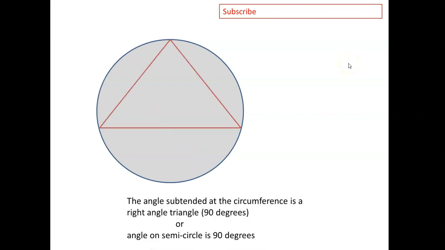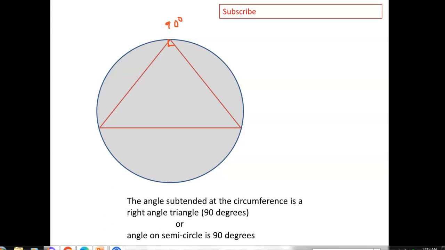The second one, if you're having a diameter, this will be our diameter. If a triangle is having a diameter, the angle that it will form at the circumference will be 90 degrees. So in words, we can say the angle subtended at the circumference is a right angle.